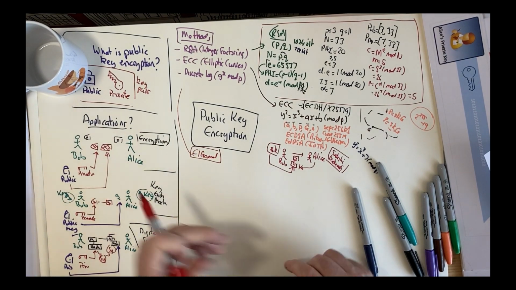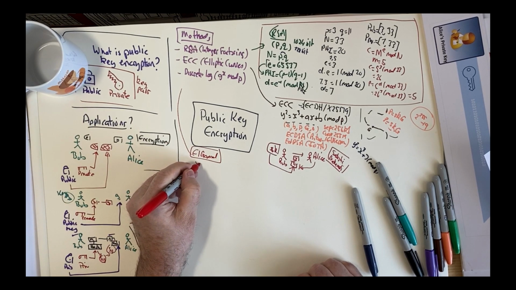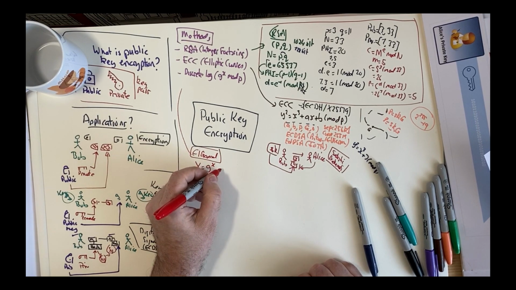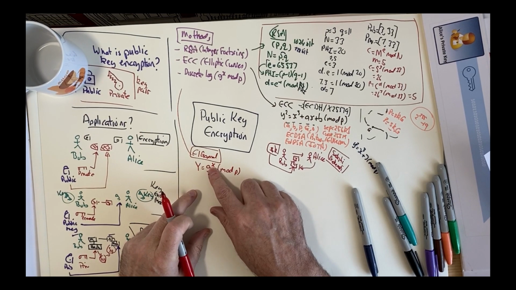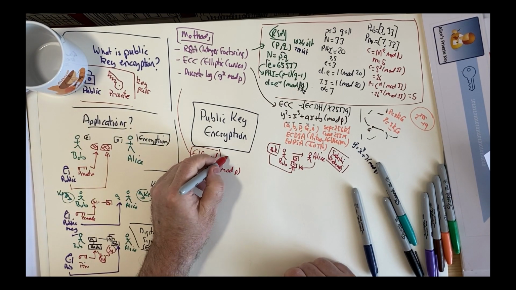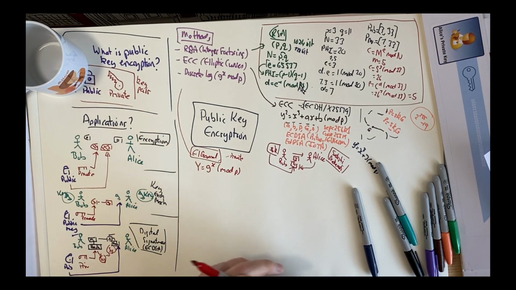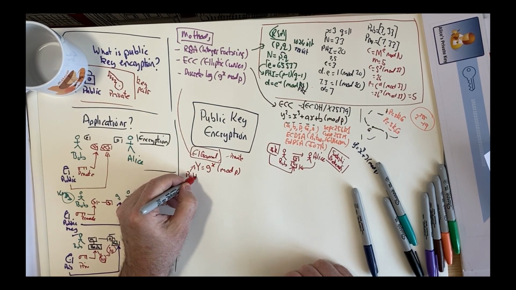The ElGamal method is a purer form of discrete logs, we take a generator value, and we have a secret key of x. So x becomes our private key, and y becomes our public key.